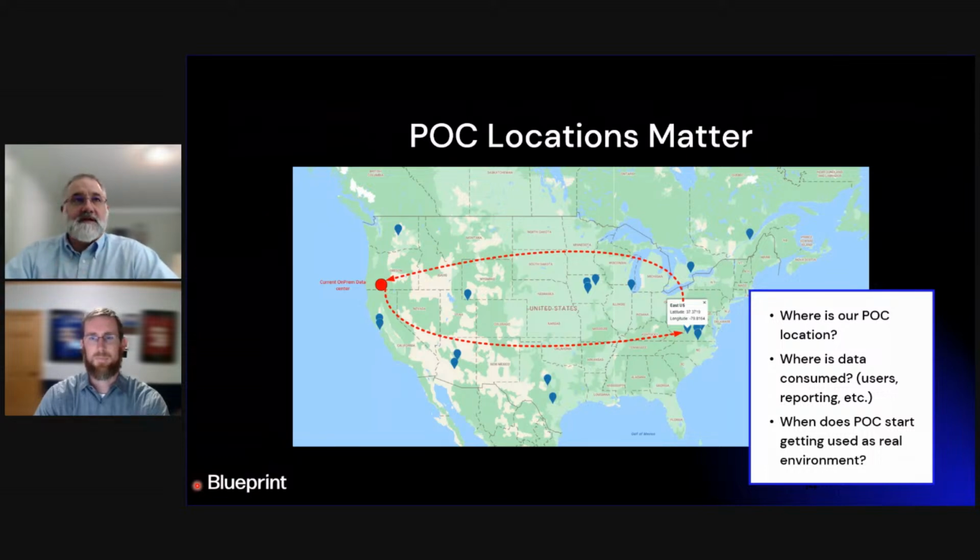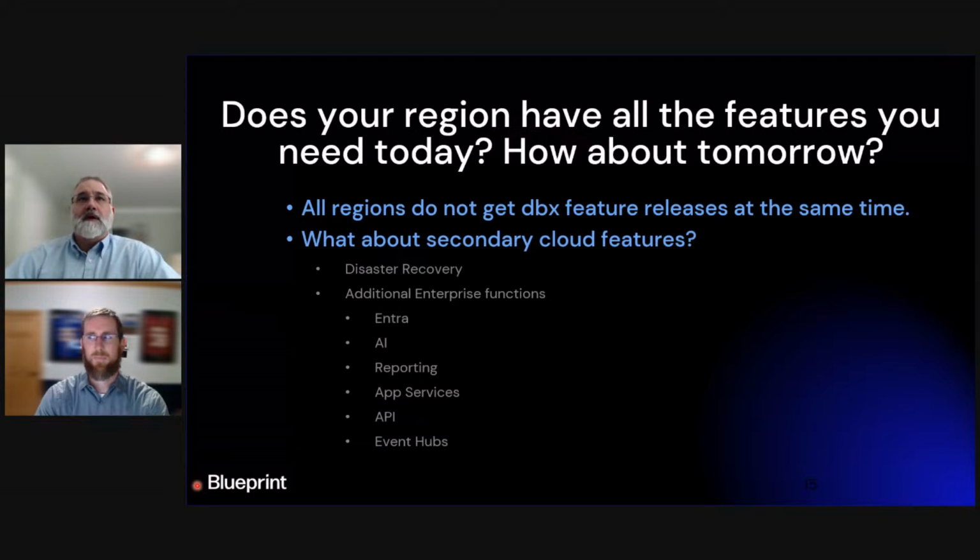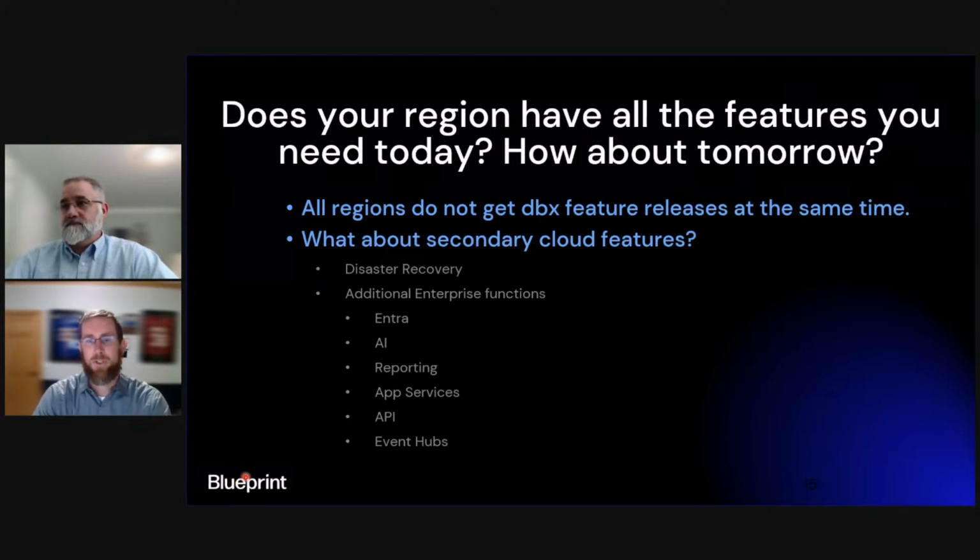And then there's again, cost and performance issues that we see there. There's also considerations whenever you're picking what region you're going to stand up your environment in. You need to look at and review what is the feature parity across the different regions you're going to utilize. A good example is your DR, your disaster recovery region.